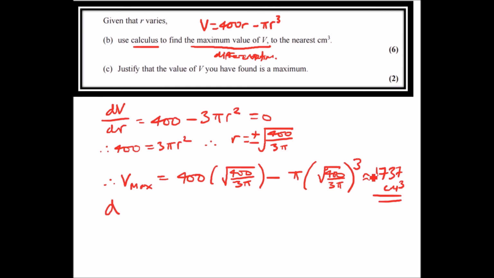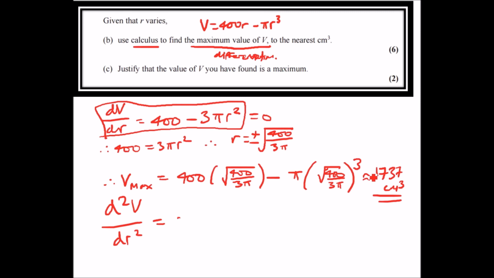Now, how do we justify that this is actually a maximum? Well, we just have to differentiate again. So d2V over dr squared, differentiating the original first derivative, 400 gives us 0. Differentiating the other part, we drop the power 2 and just get minus 6 pi r. To show that it's a maximum, the value must be less than 0.